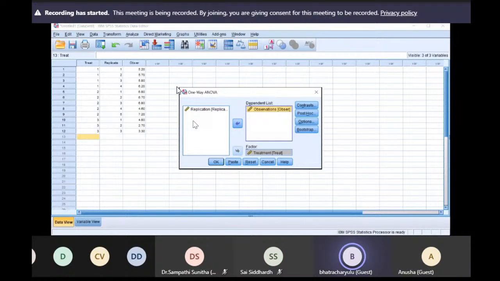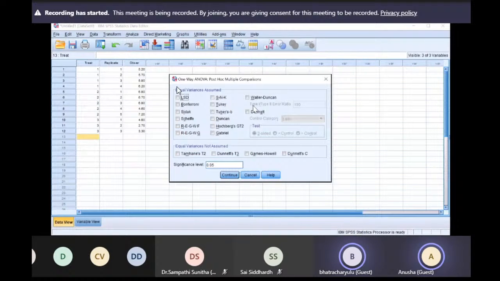Select post hoc and select LSD, least significant difference, Tukey's test, and Duncan's DMR, which stands for Duncan's multiple range test, and Scheffe, which is Scheffe's test. Here I am selecting 4, but there is no need; any one is enough, either Duncan or Scheffe or LSD or Tukey.